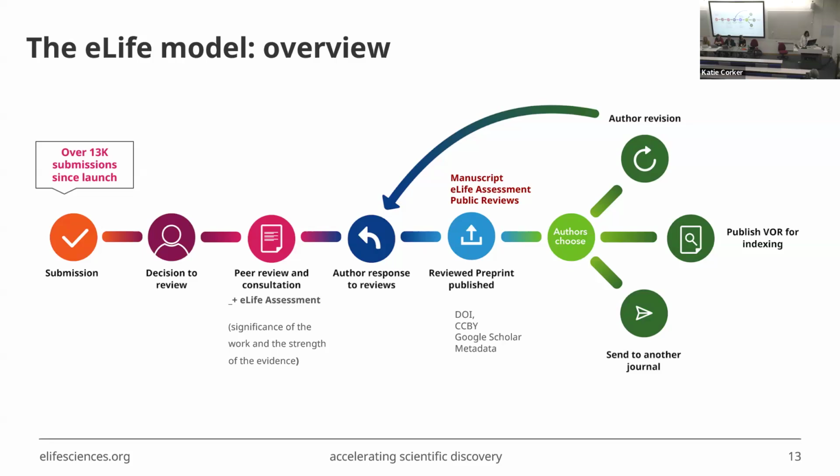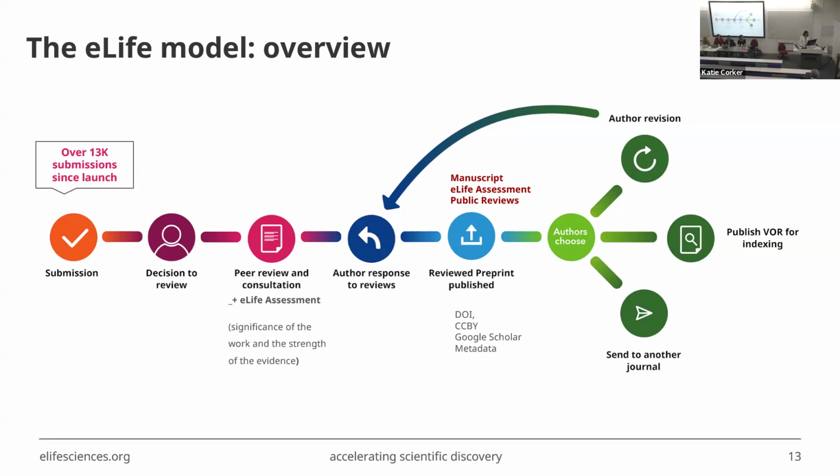In January 2023, we launched a new model of publication, which is referred to by Kate as a publish-review-curate model. This slide outlines the eLife model. Authors submit, very much like any other journal.